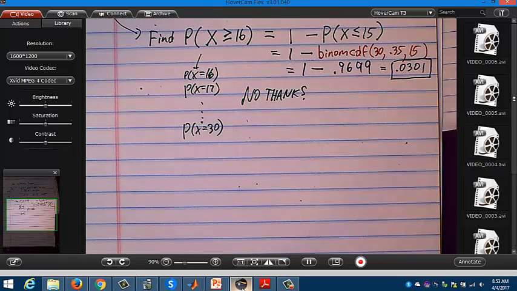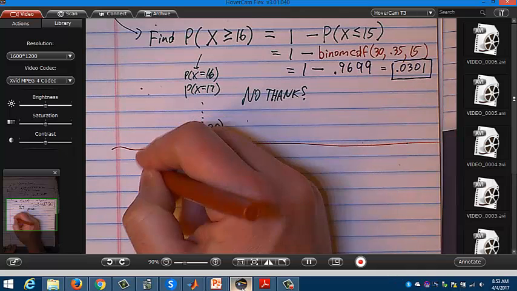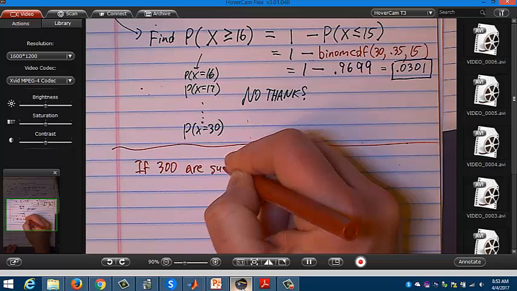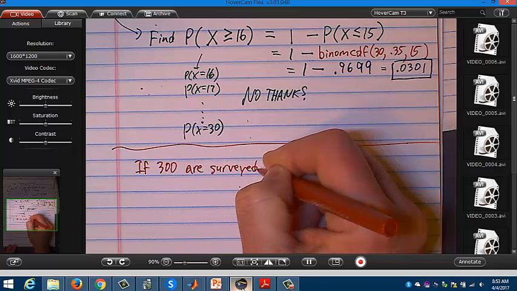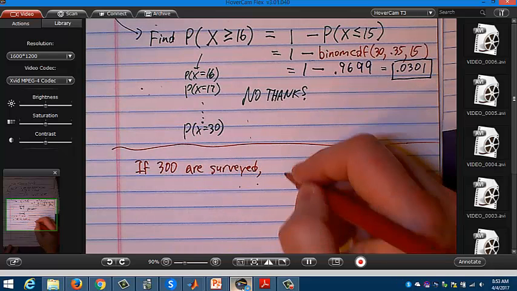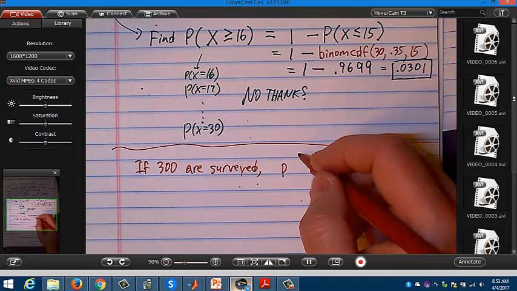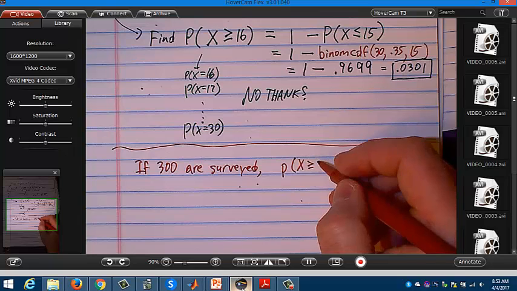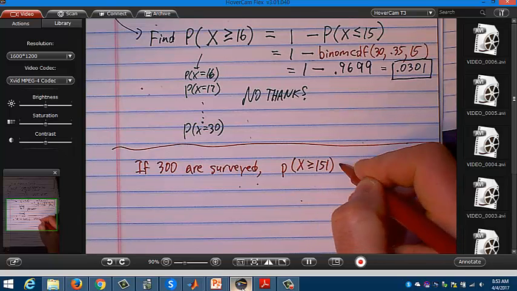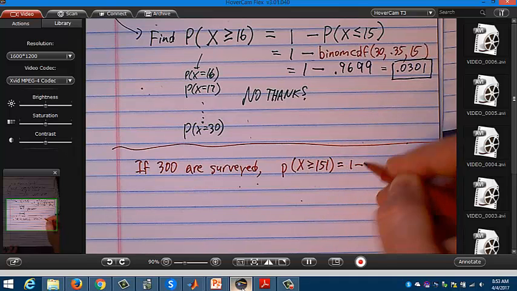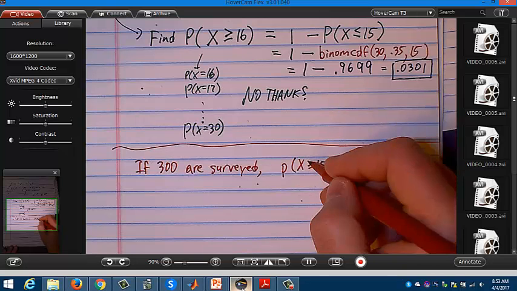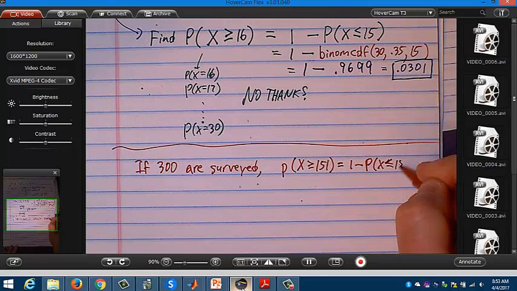So if you think about what I just did, I just computed: if 300 are surveyed, the probability that X is bigger than or equal to, well, we want majority, so bigger than or equal to 151. That's 1 minus the probability that X is less than or equal to 150, right?